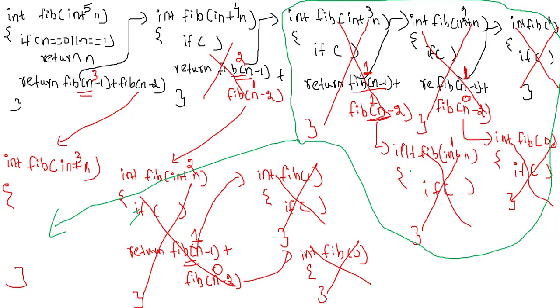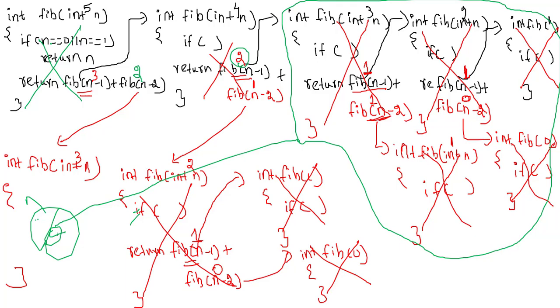And this function returns me a value called 2, because int fib of 3 returns a value called 2. Okay. Now this function also got over. 3 plus 2, 5. So this function will return me a value called 5 to the main function. That is why I have got the output value as 5.